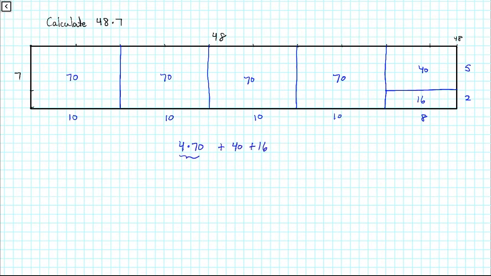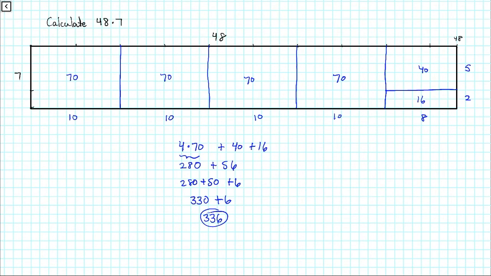This is 280, because I remember 4 times 7 is 28, and 280 plus 50 is 330. So it's 336. Okay, so 48 times 7 is 336.